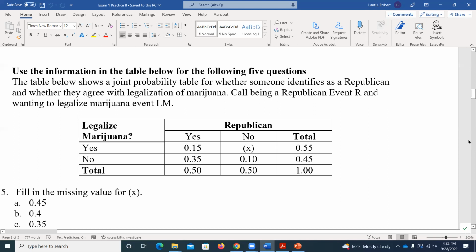So we said those total columns, how could we reproduce those total columns? Just add.